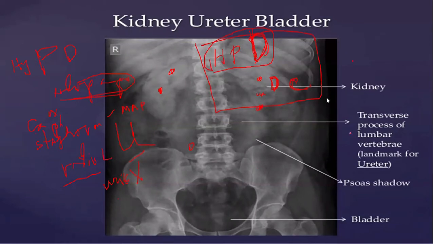For example, this is the bone, doctor. Normally, the parathyroid hormone actually prevents osteoclastic activity of your bone. Sorry, let me start again.